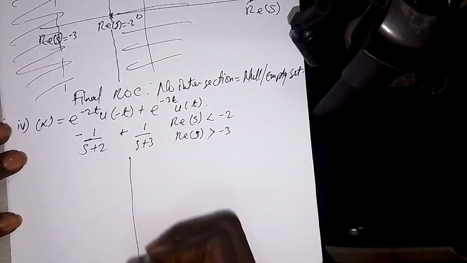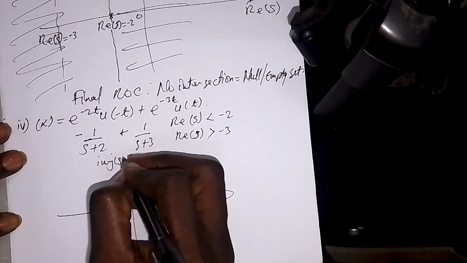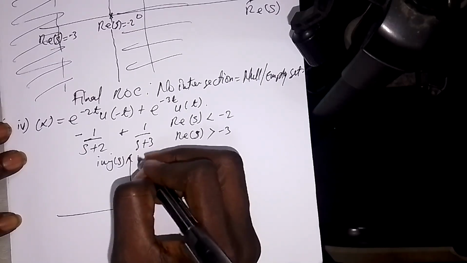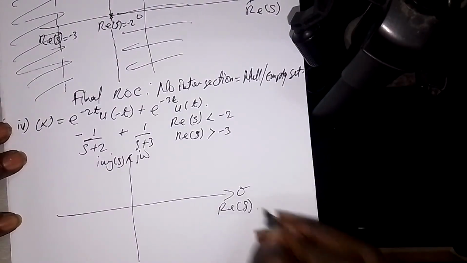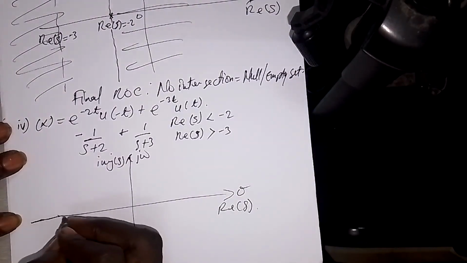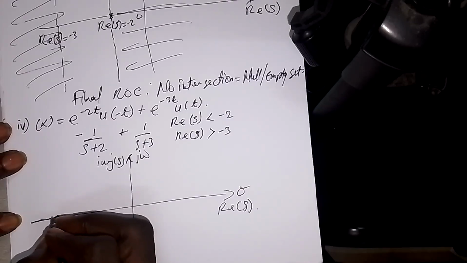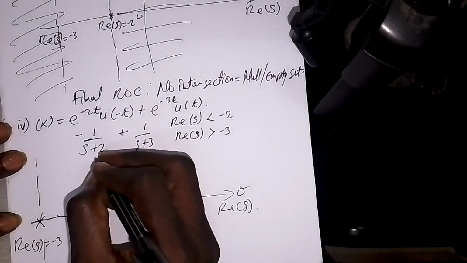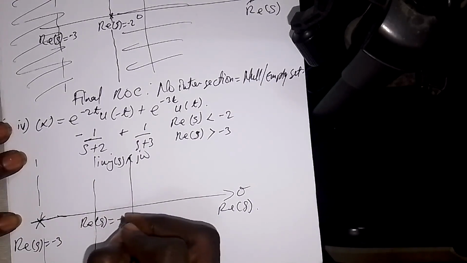If we plot for this one, we have the imaginary axis j omega and the real axis RE of s. Here I'm going to have minus 3, so RE of s is equal to minus 3, and here RE of s is equal to minus 2.